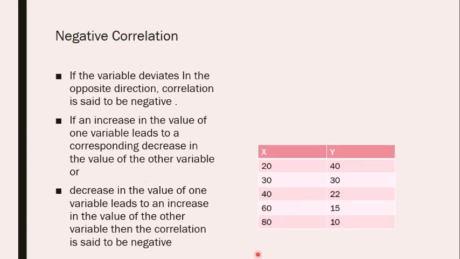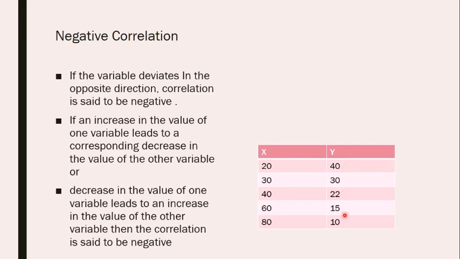Now let's take a look at the table. I have two variables x and y. The values of x are given as 20, 30, 40, 60 and 80, and the corresponding values of y are given as 40, 30, 22, 15 and 10. Here the values of x are clearly increasing, right? But what happens to the corresponding values of y?